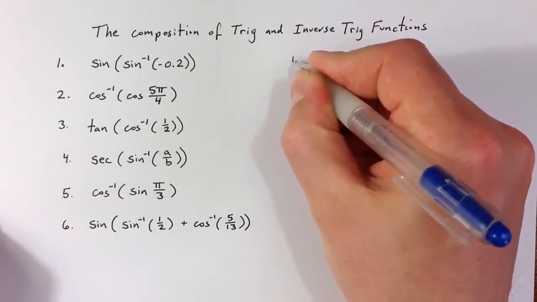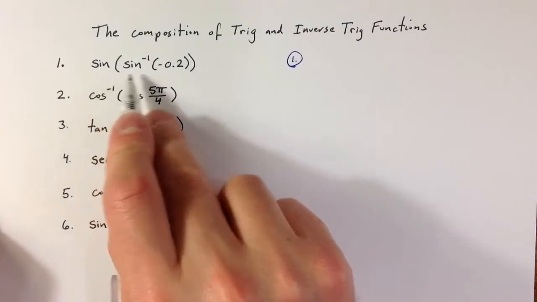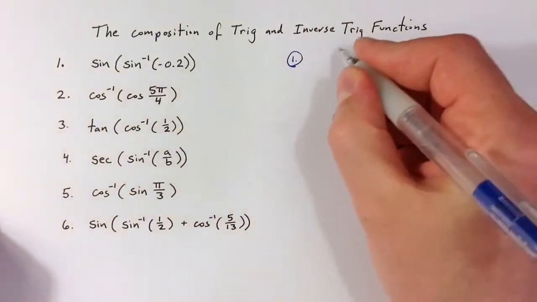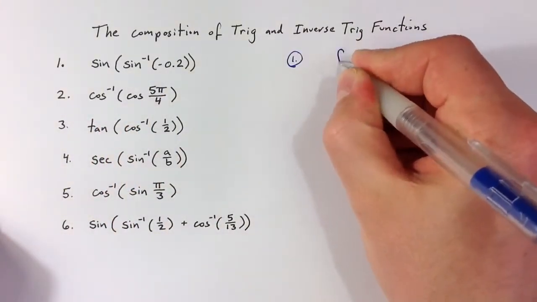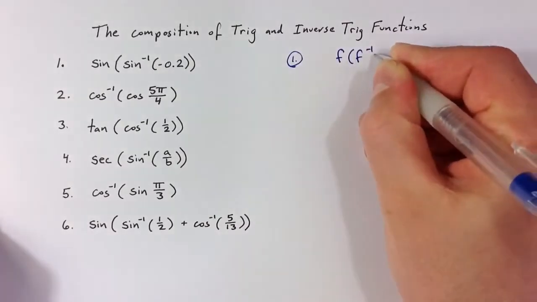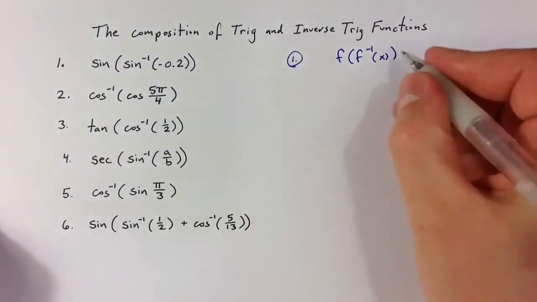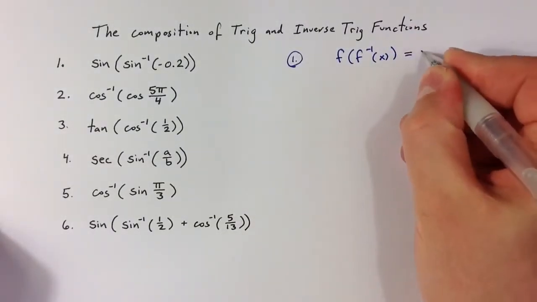So for number 1, we're given the same function, sine and sine inverse, and in general, if I have a function composed with its inverse, those two are sort of opposite processes. So in general, that will just return the input.